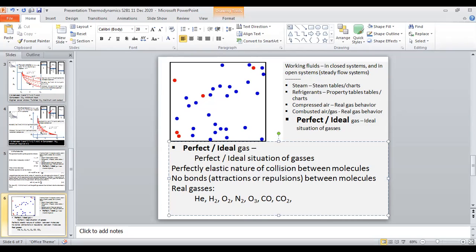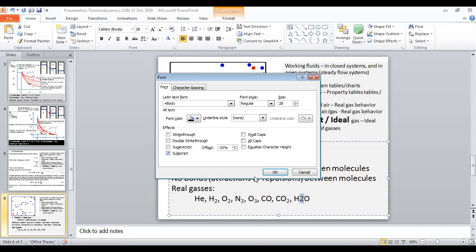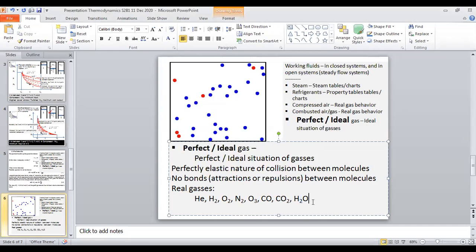So how about the water? Putting it under gases, is it possible?